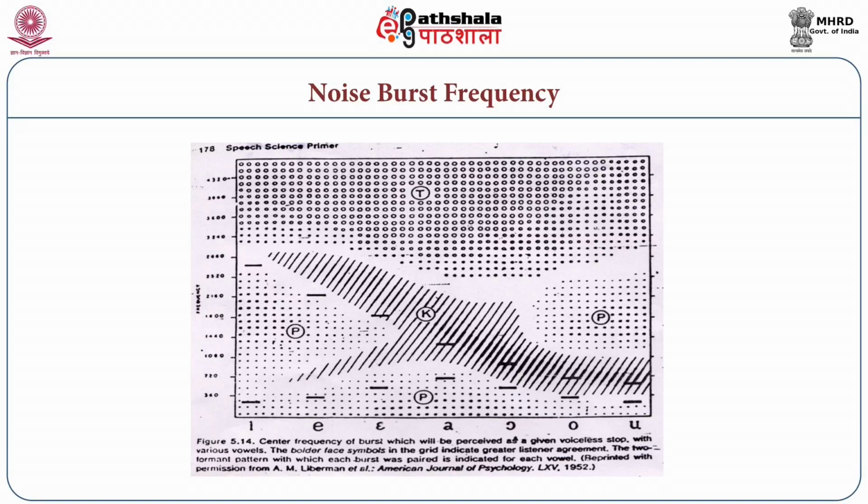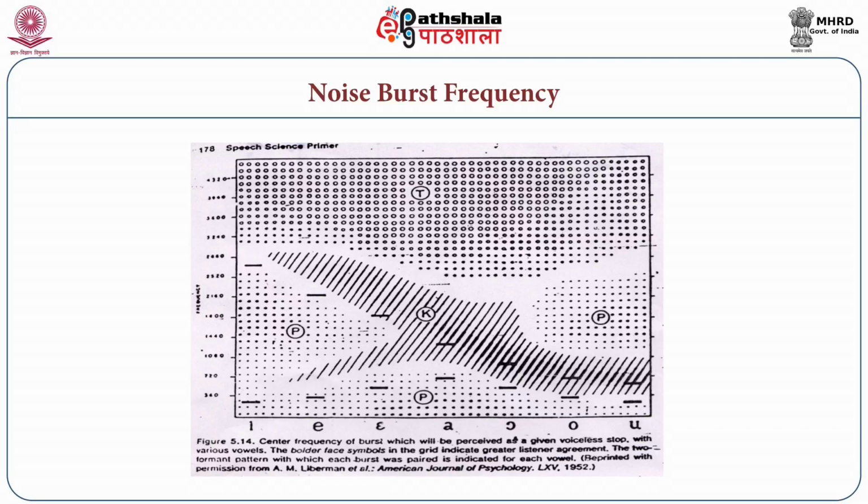Which means the acoustic cues for the frontmost stop consonant P and the backmost stop consonant, velar K, are quite mixed up. Similarly, K and T can be mixed up.